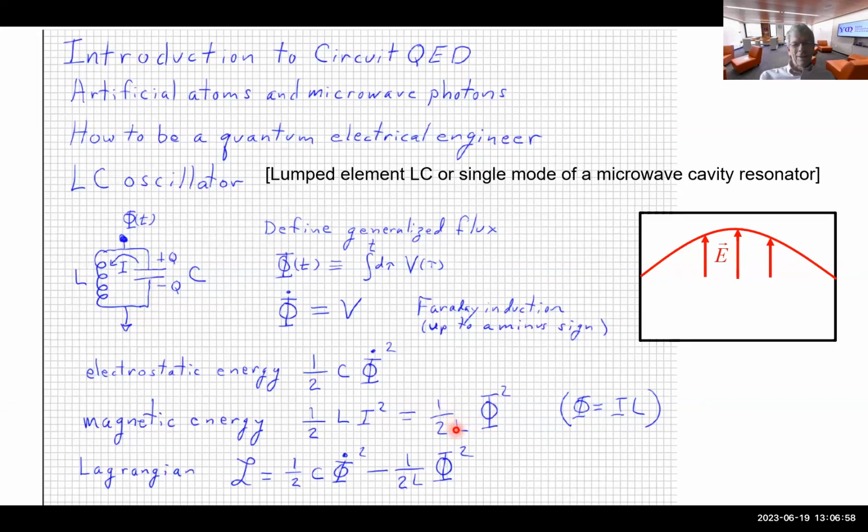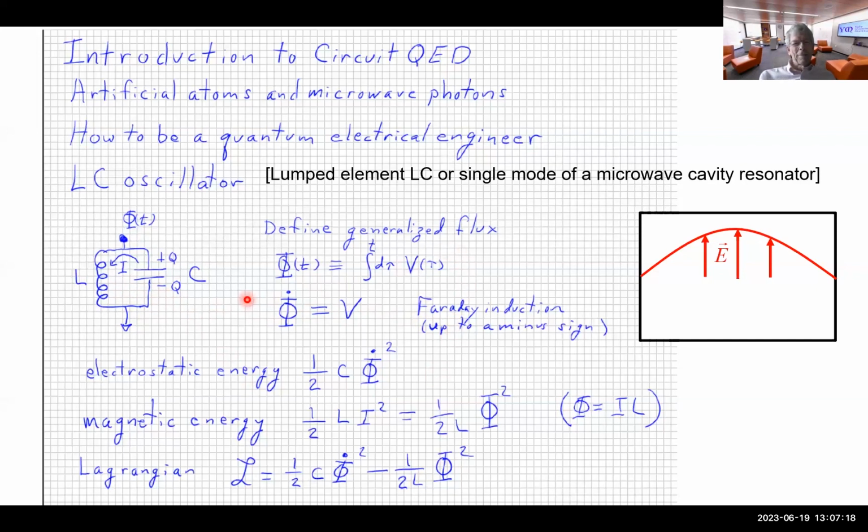So that looks now, if I form the Lagrangian, like a harmonic oscillator with a mass C and a spring constant inversely proportional to the inductance, and a coordinate, which is the magnetic flux through the inductor.